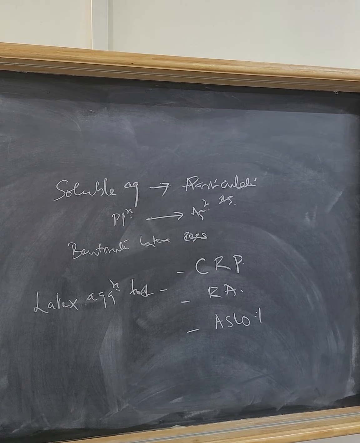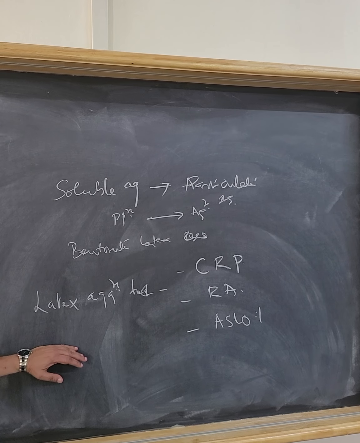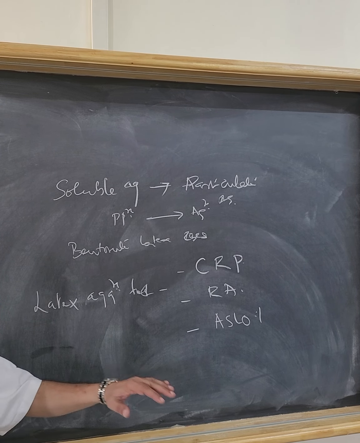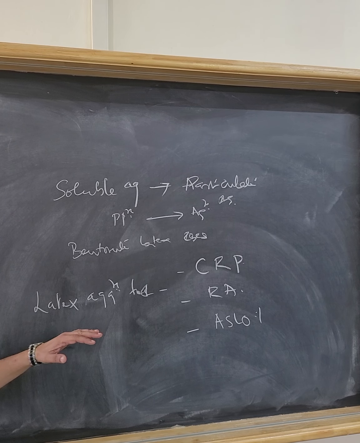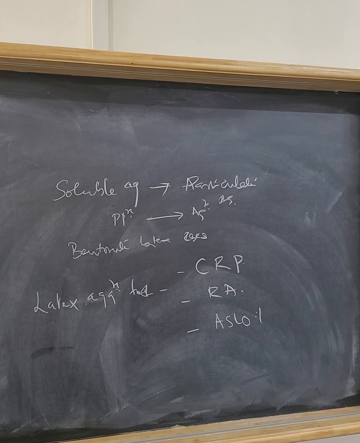These are all latex agglutination tests. Here the soluble antigen is converted into particulate antigen. They are tagged onto the latex particle and we do the latex agglutination test. The examples are C-reactive protein, rheumatoid arthritis factor, and antistreptolysin O.